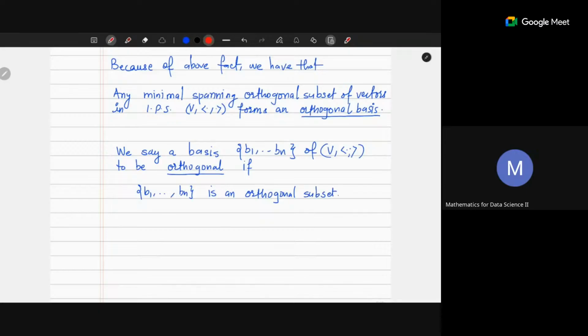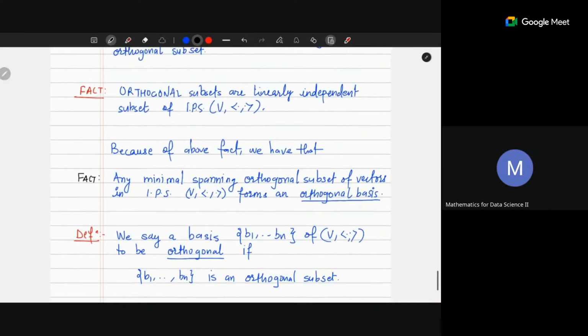This is your definition, and this is your other fact. Is it clear now?